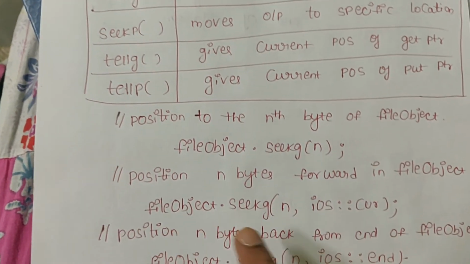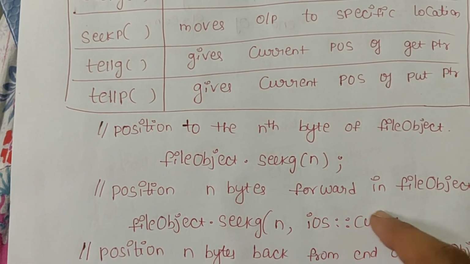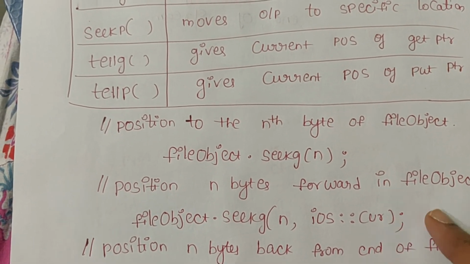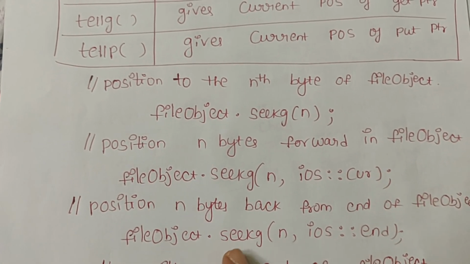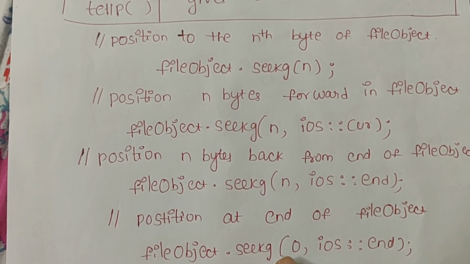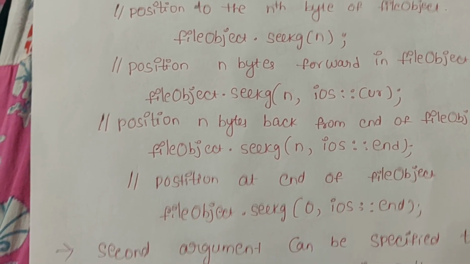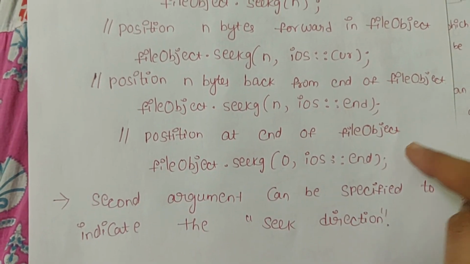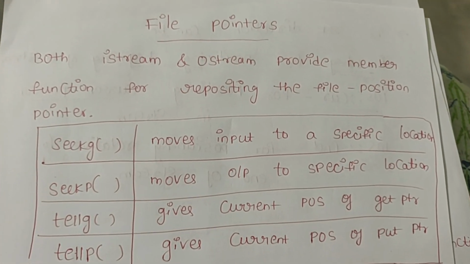File object dot seekg n comma: if the file starts from 0, it moves n bytes forward. ios current means n bytes forward in the file object. In the same way, position n bytes backward from the end of the file object. In the same way, position at the end of the file, where it will insert something. These second arguments are for referring to the direction. This is about the file pointers. Thank you.